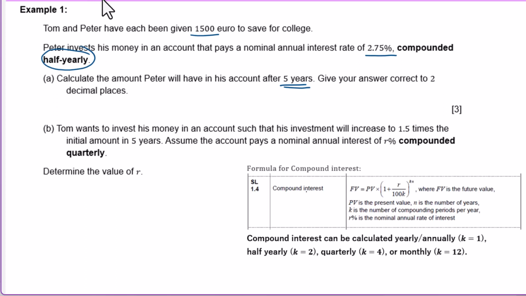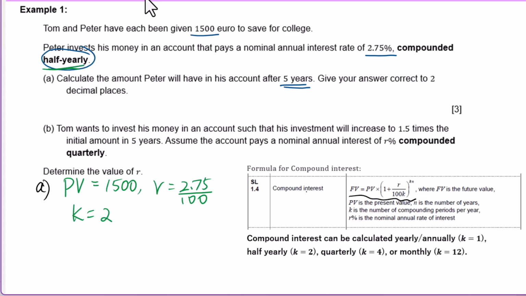We will use this formula. We are given PV equals 1,500, R equals 2.75%, K equals 2 because this is half yearly, N equals 5.